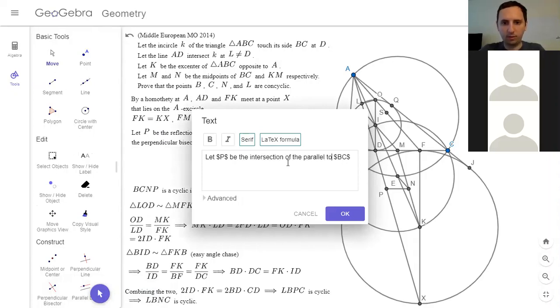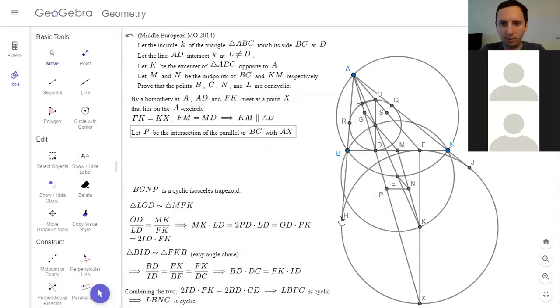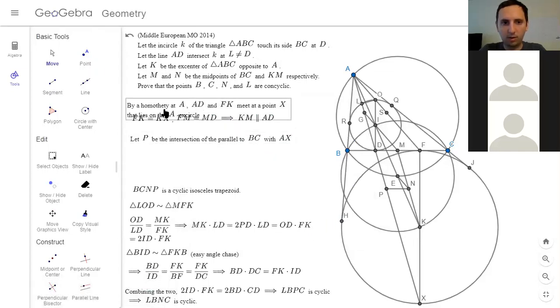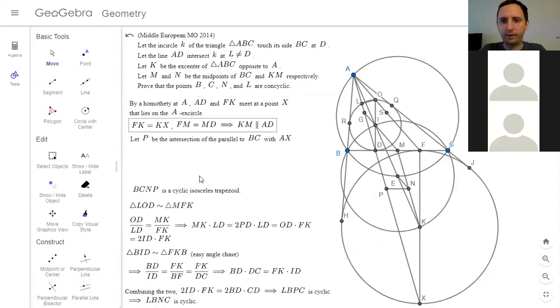Okay, I found it. It is just to prove now that FN equals DP. After that, we have to prove FN equals DP, and that's obvious, MN equals DP. So P is the intersection of the parallel to BC with AX, and so obviously A, D, P, and X are collinear.